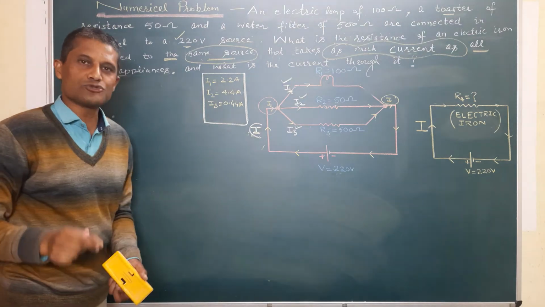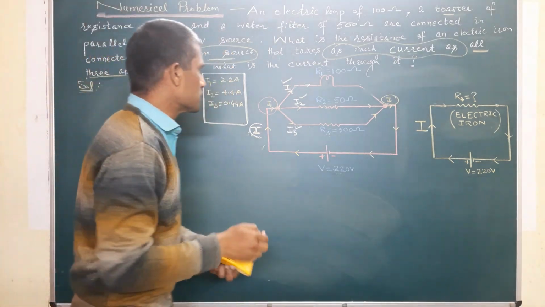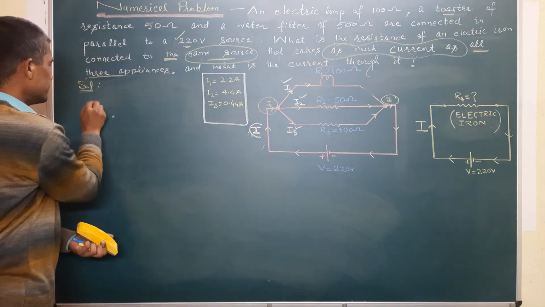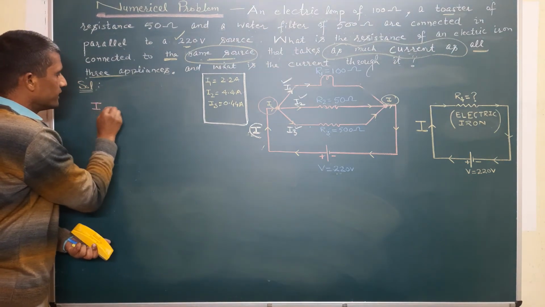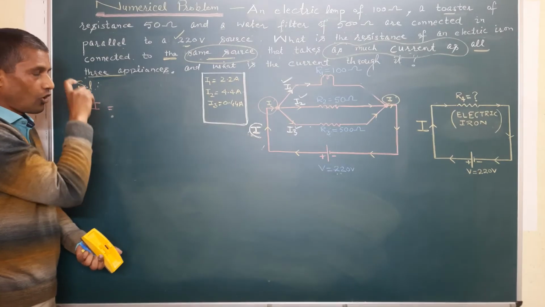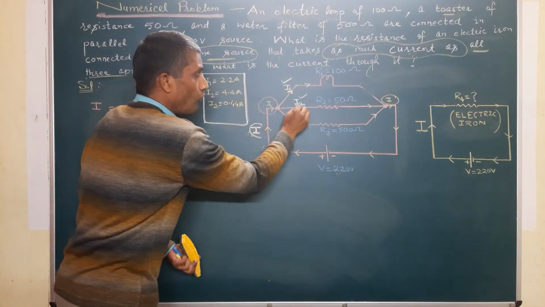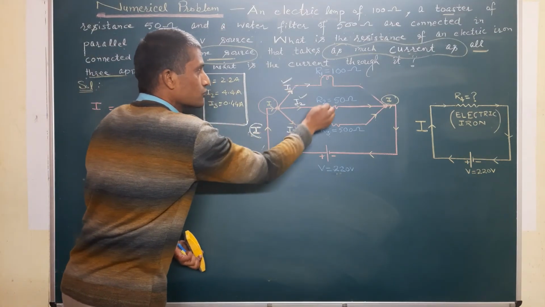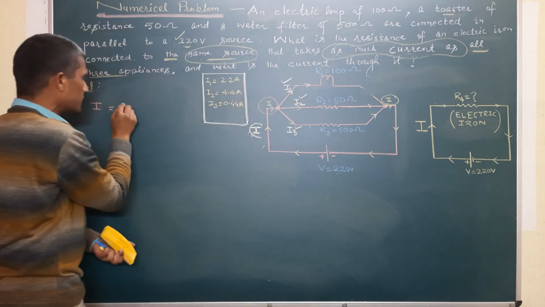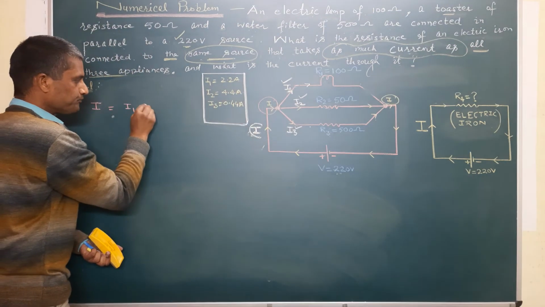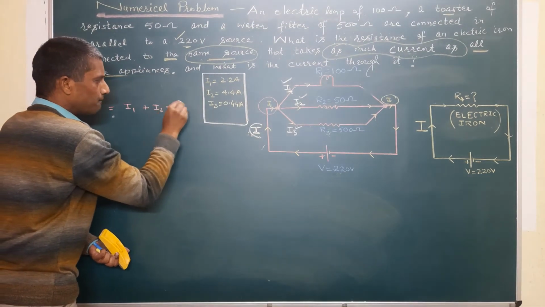So according to the parallel combination, the total current I flowing in a circuit is always equal to the sum of currents flowing through individual resistances, that is I is equal to I1 plus I2 plus I3.